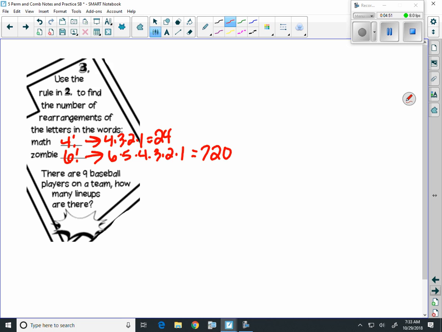So let's put it into real world terms here. Say you are on a baseball team. There's 9 baseball players. How many different ways can we rewrite the lineup? So what would we do? 9 factorial. So you do 9 times 8 times 7. Go ahead and do that in your calculator. If you have a calculator, get that out.